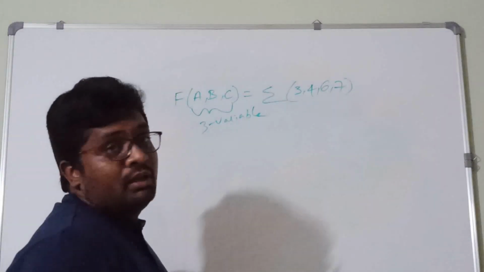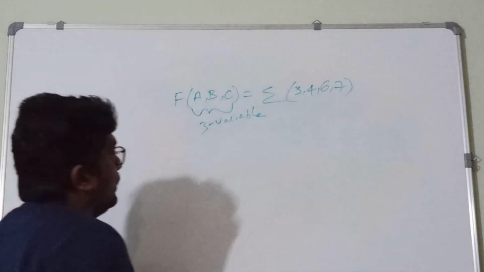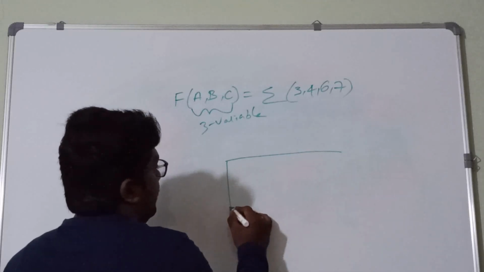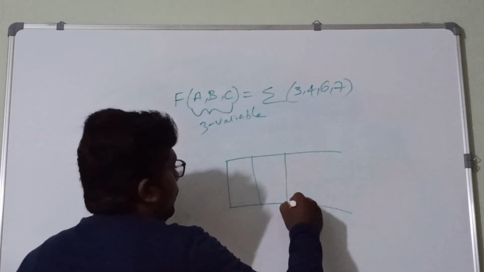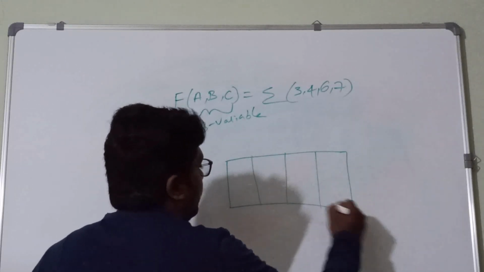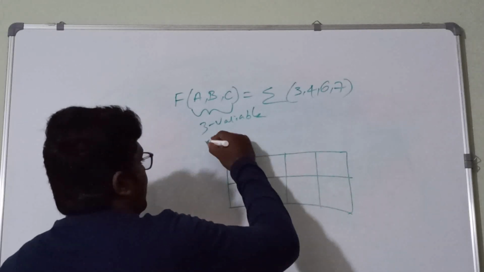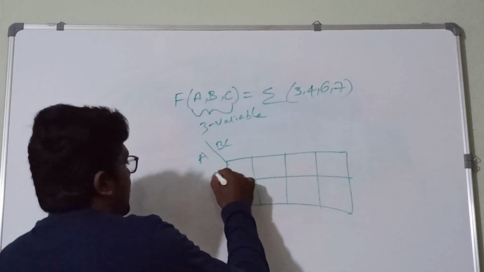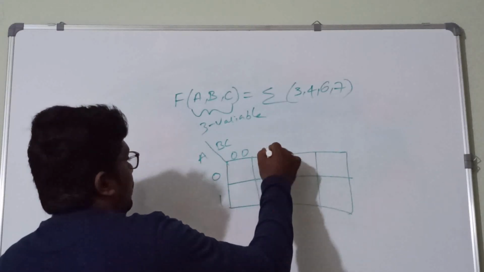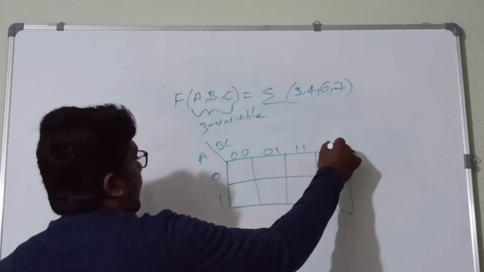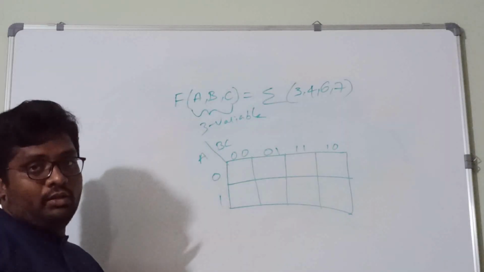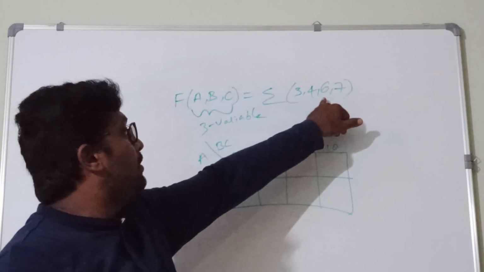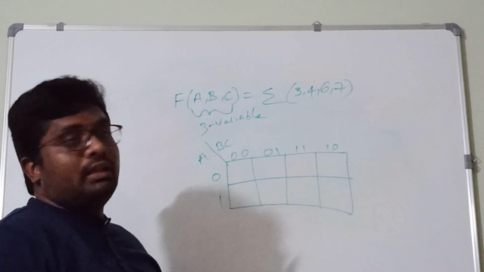So for a 3 variable K-map we are having 8 squares, right? This is variable A and this will be variable BC: 00, 01, 11 and 10. So if you observe here, the summation is that 3, 4, 6, 7 are the values given.